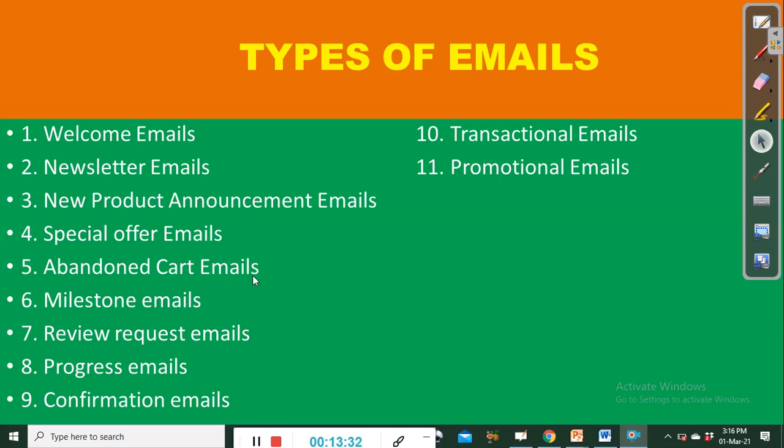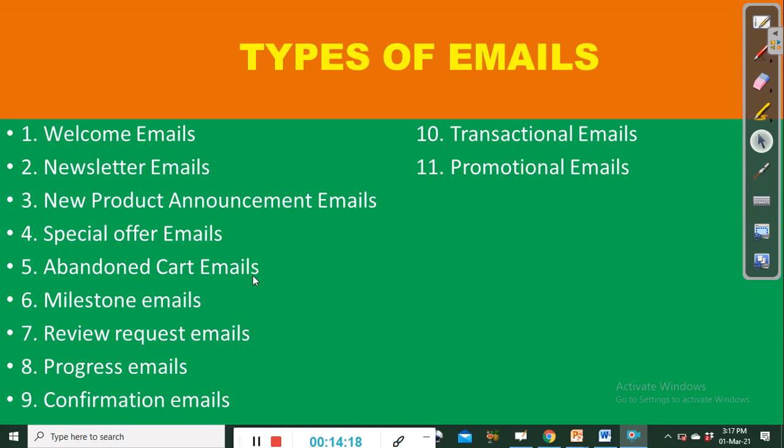If you are going to launch a new product, then it is necessary to send the announcement email to inform your existing customers, because when you already have existing customers, of course, you need to inform them of new products that are coming, so that they will continue to patronize you by buying those new products or using the new services.